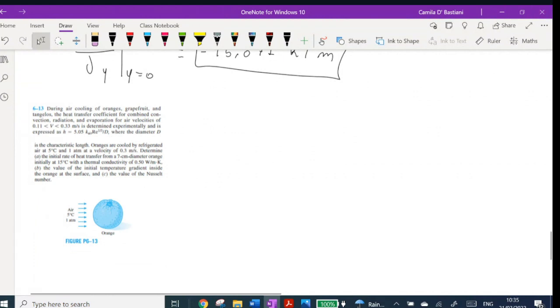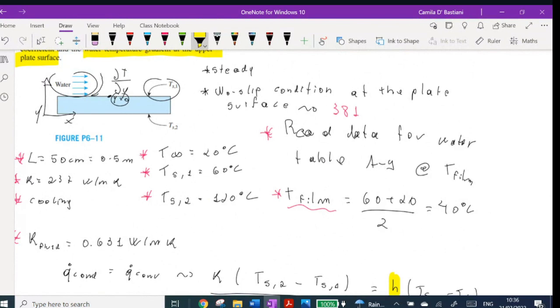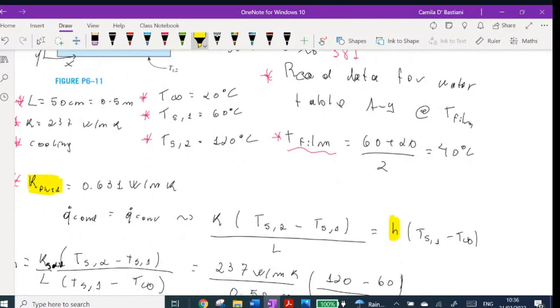Let's talk about oranges now. We read the properties for the water, the water conductivity from table A9 at the film temperature.